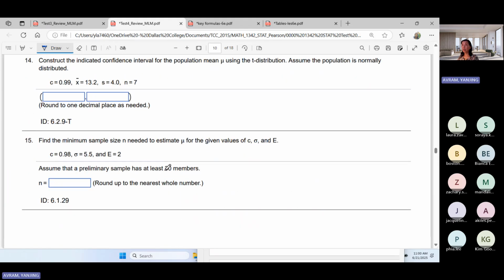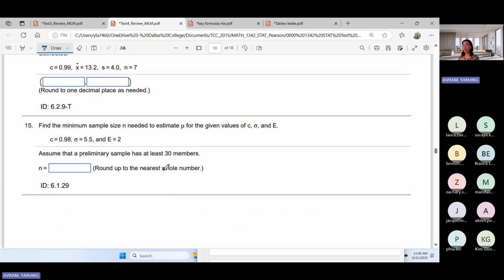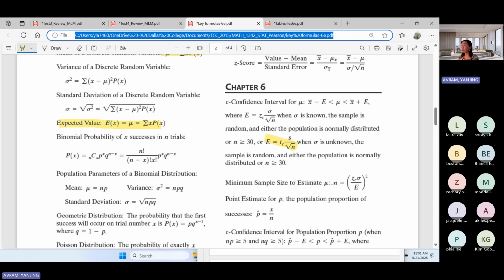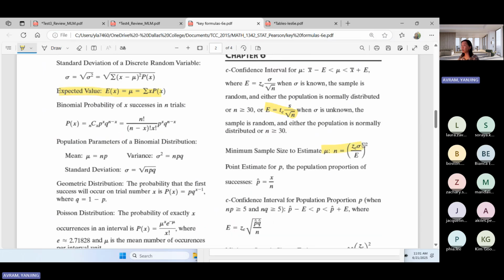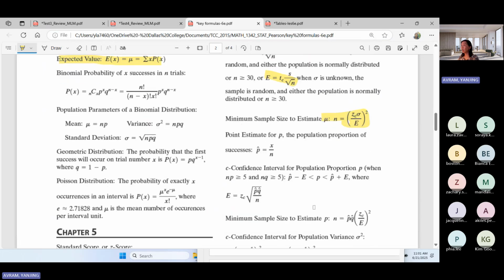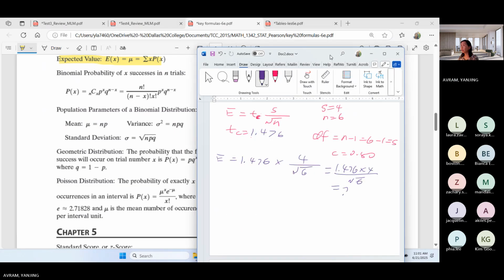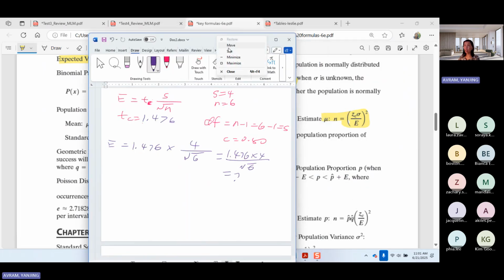Okay, another chapter 6 problem here. You want to find a minimum sample size n, given everything in here. How do you find the n? We have a formula to find the n here. This is your n formula. One thing is when you find the n, you have to always round up.